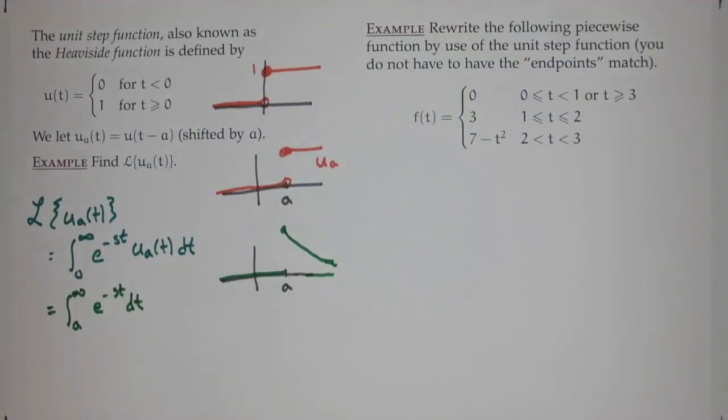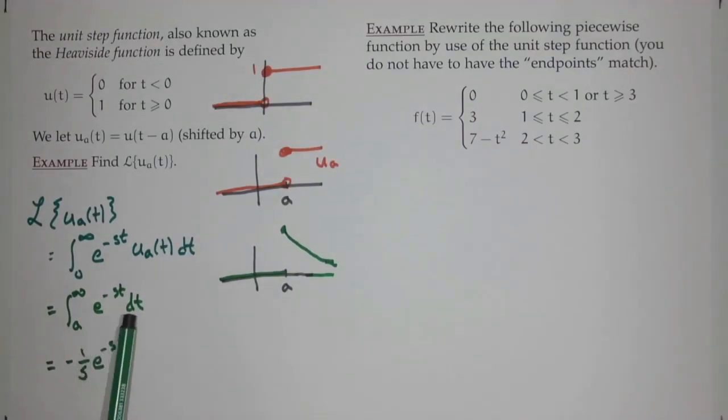And now we're like, wow, this is wonderful. We like this integral because we can do it. What does that integral turn out to be? Okay, there's a negative 1 over s, e to the negative st. Now, in case you're following along, where is that coming from?